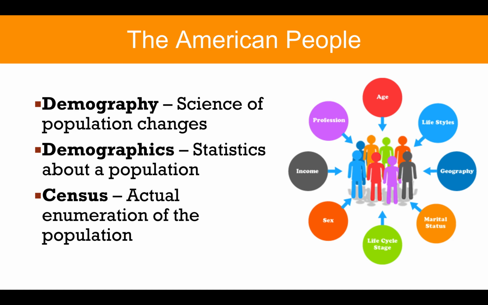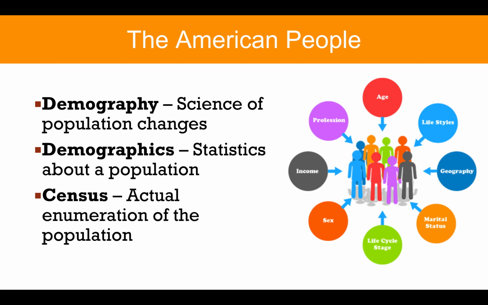census. Every 10 years, the American population is counted via the census, which is going on right now. They've sent out a questionnaire that you fill out online, and you submit it back, and it has information like your income and your marital status and where you live and how many people are in your household.